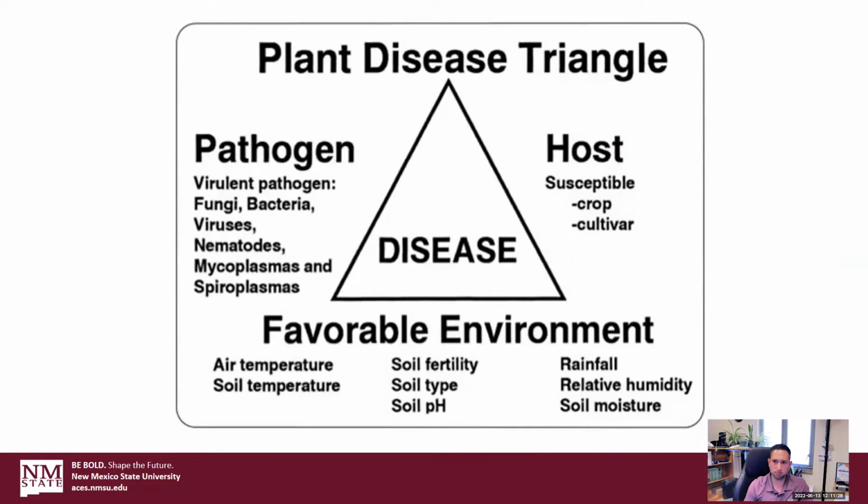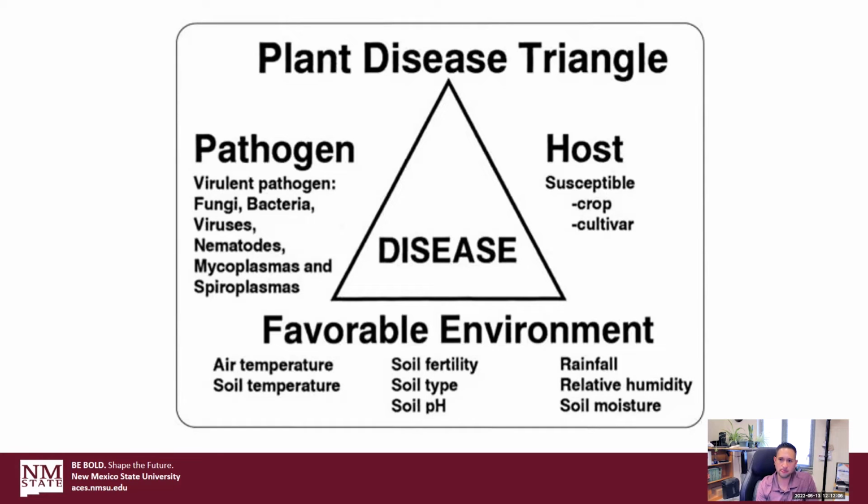Now, moving on to the plant disease triangle. When a tree or a plant gets a disease, you need to have three things all work together at the same time. You need to have a virulent pathogen, so the fungi, bacteria, anything, it needs to actually cause infection. Then you need to have a susceptible host. If you have a pathogen that's able to infect, but that host is resistant, you're not going to get disease.